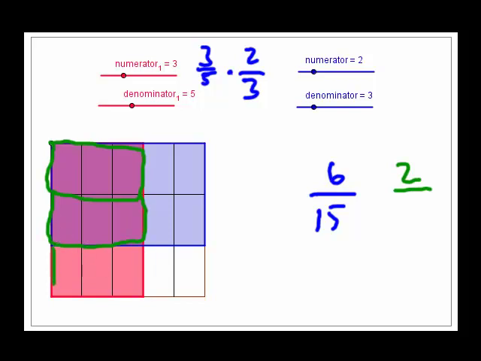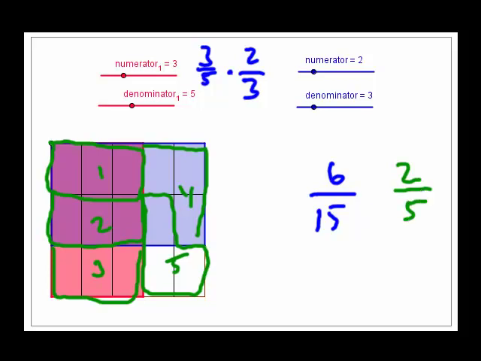How many more equal parts of 3 squares? We have another one of 3 squares, and then another one right here. So how many do we have? 1, 2, 3, 4, 5. So our simplified fraction is 2/5.